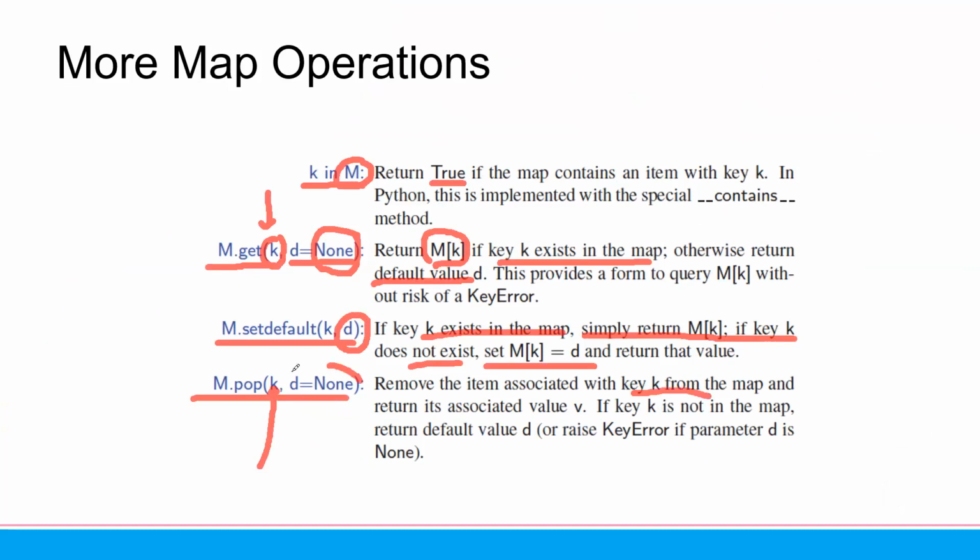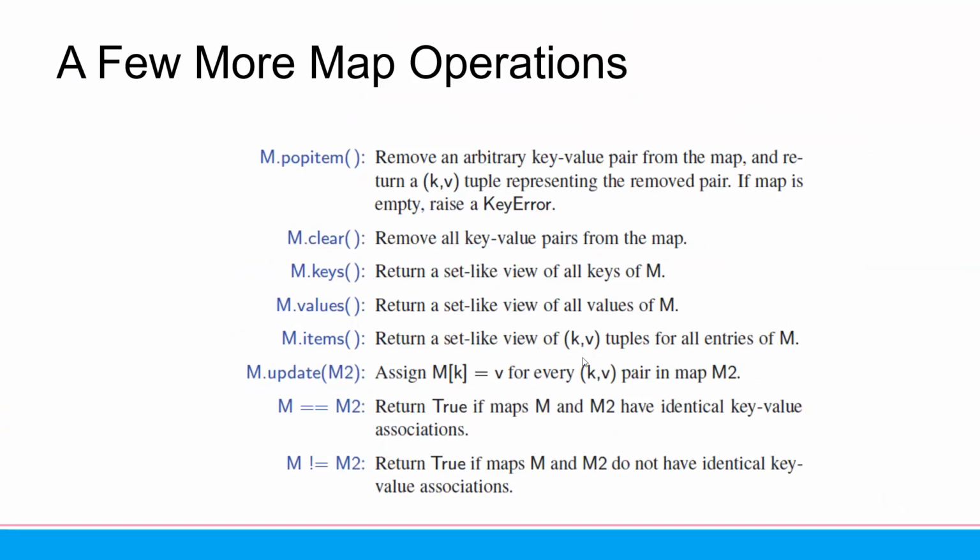But if it doesn't exist, then we will return None. If it is popitem, then we will remove an arbitrary item. Arbitrary means random. Any item will be removed. Clear means remove all key pairs from the map.